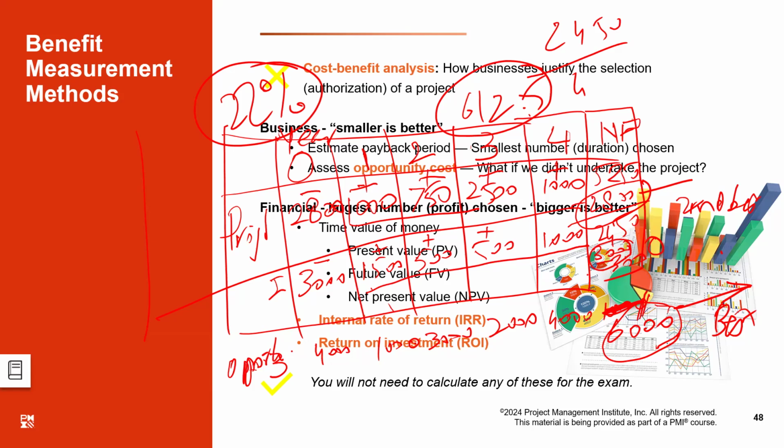About the fourth project, our net profit is 6,000 divided by 4, so that is 1,500. 1,500 divided by the total investment multiplied by 100 comes out to be 50%.